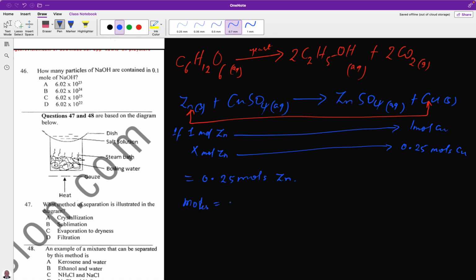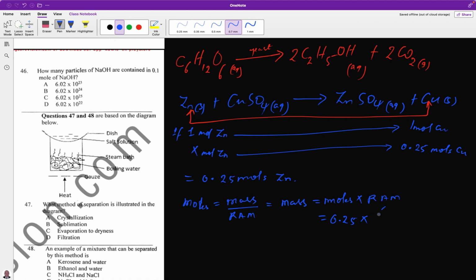In that case, the mass will be moles times the relative atomic mass. The moles of zinc is 0.25, times the relative atomic mass of zinc, which is 65.